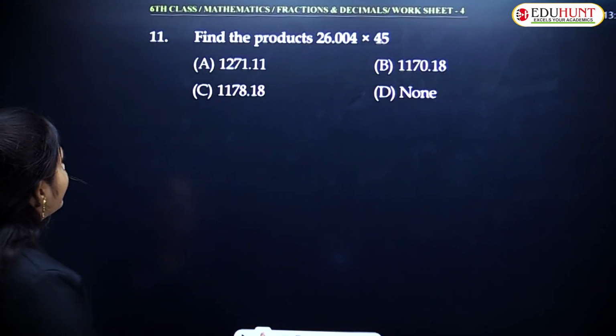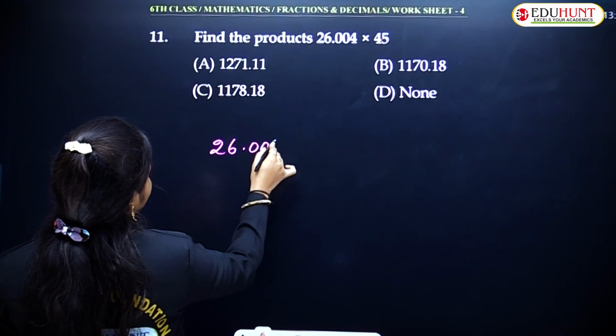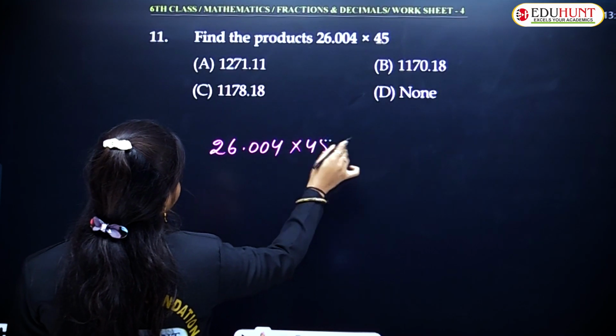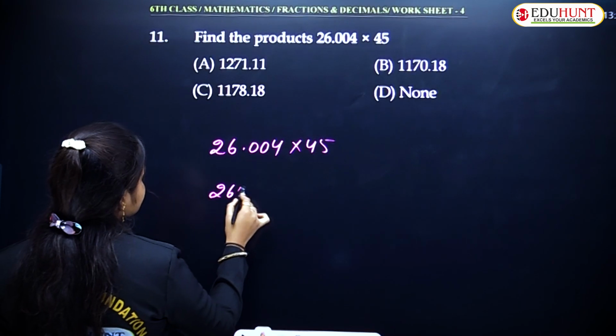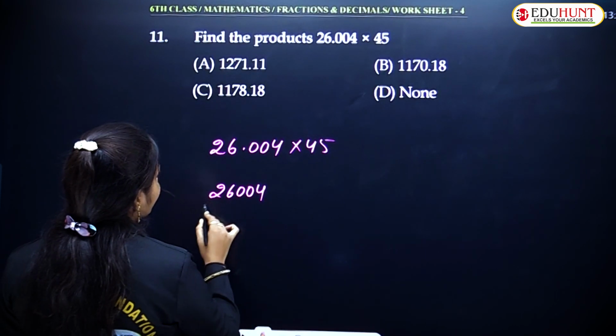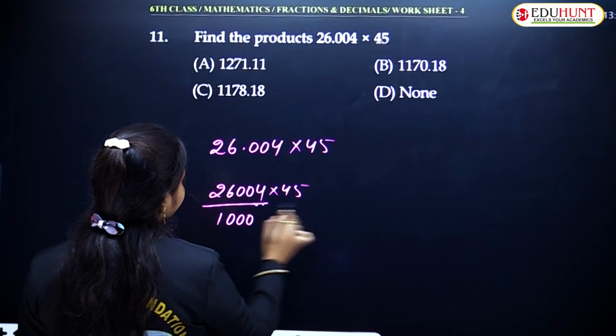Next, find the products. Here 26.004 into 45. Okay, we can write this as 26004 by 1000 into 45.